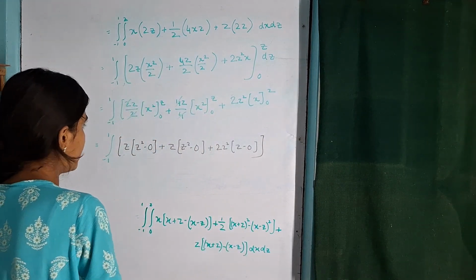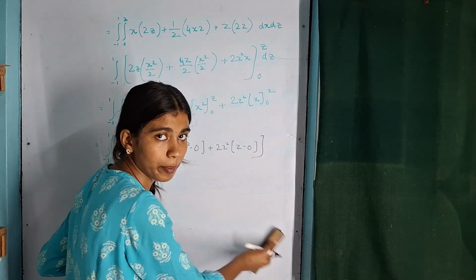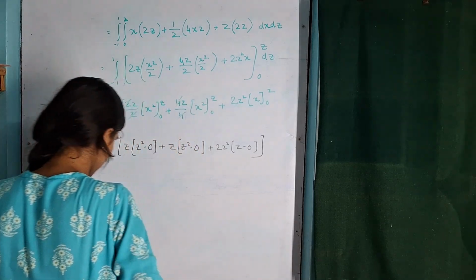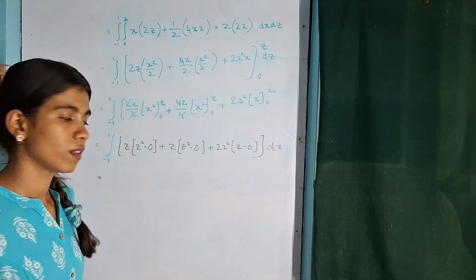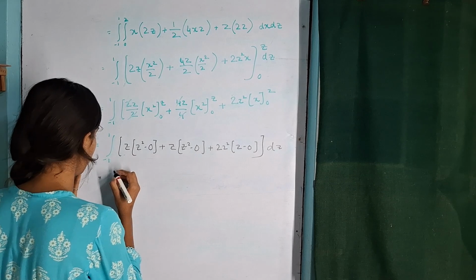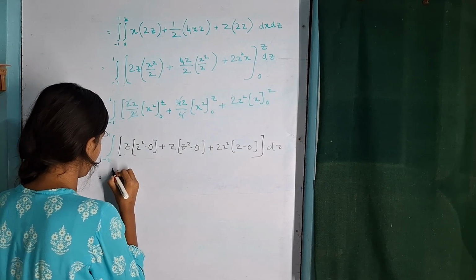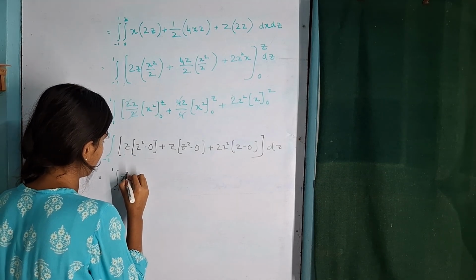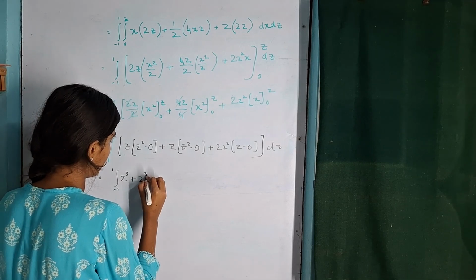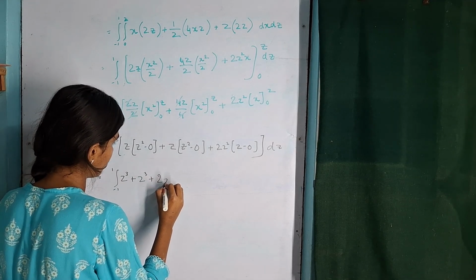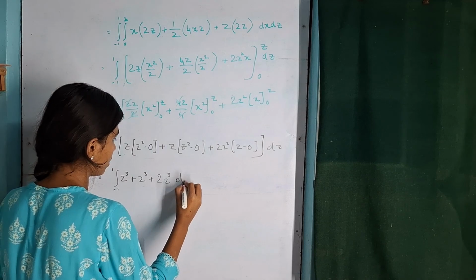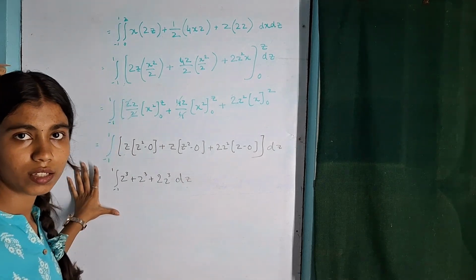So this is what we get after substituting the upper and lower limits. After we simplify, we get z cube plus z cube plus 2z cube. So this is what we get after integrating the x term.